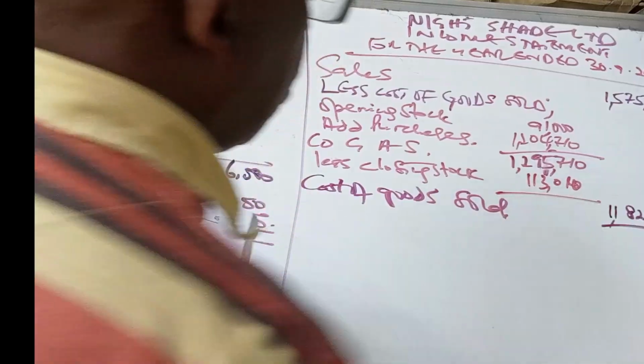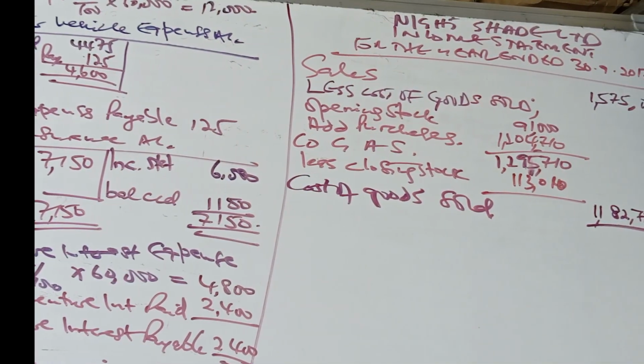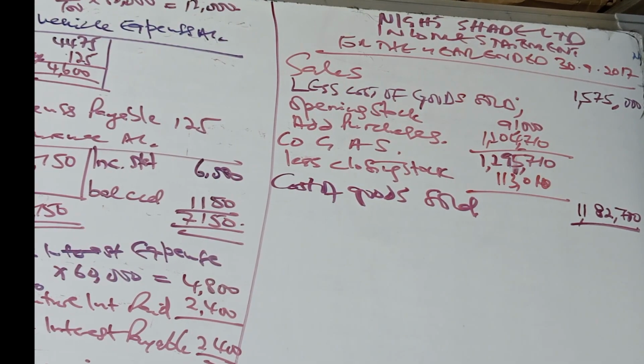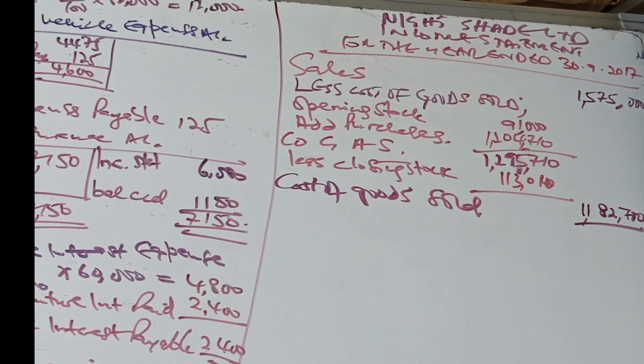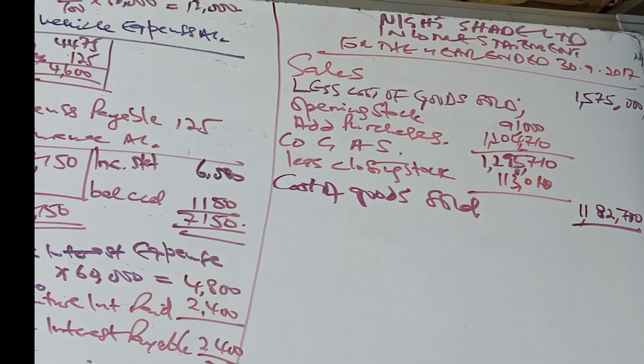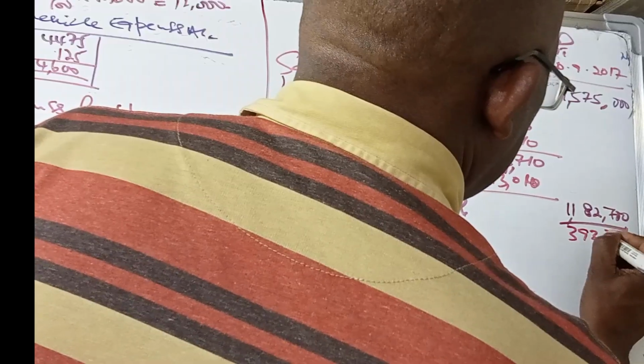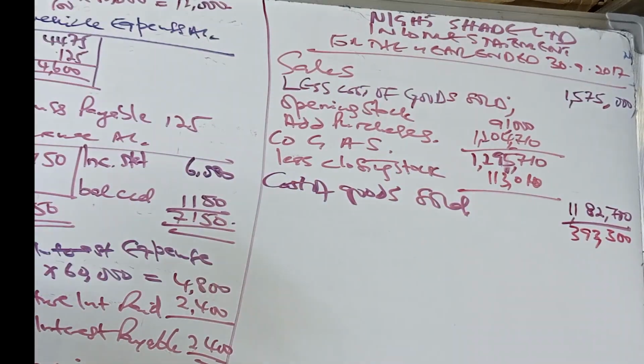We deduct from our sales, 1,575,000 minus 1,182,700. We get a figure of 393,300.